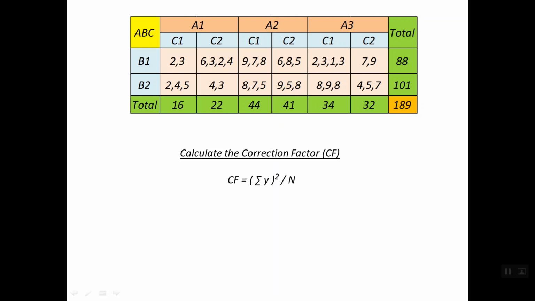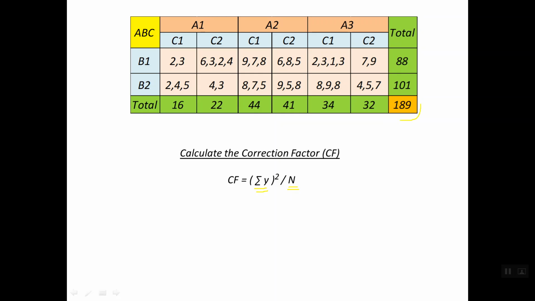The formula for the correction factor is a very simple formula. Correction factor is equal to the summation of y squared divided by capital N. Summation of y represents here the total of the observations, we square it, and capital N represents here the total number of observations.